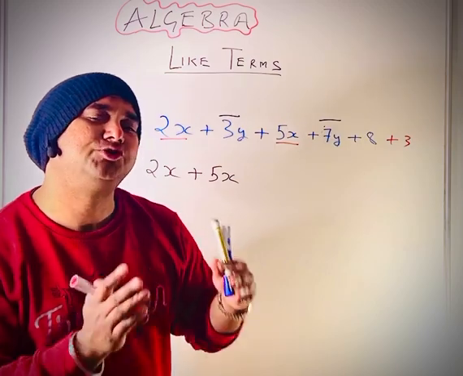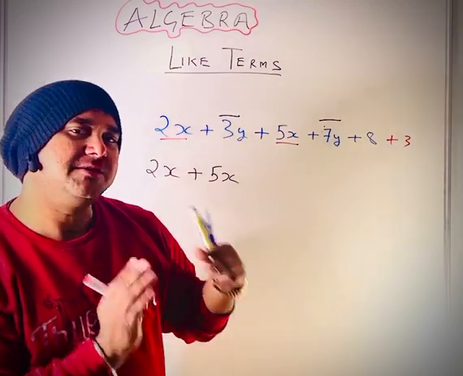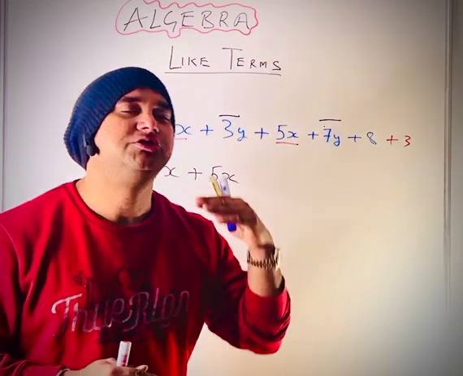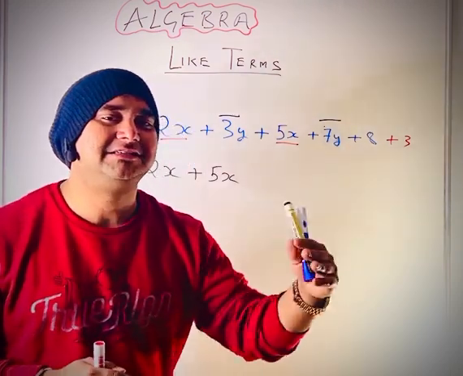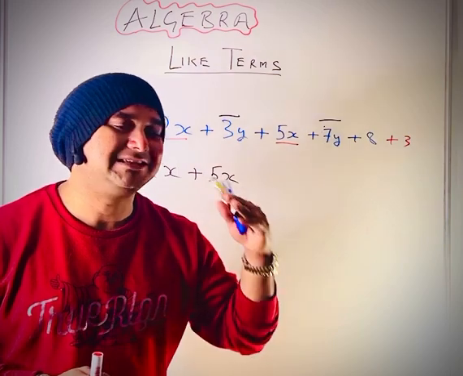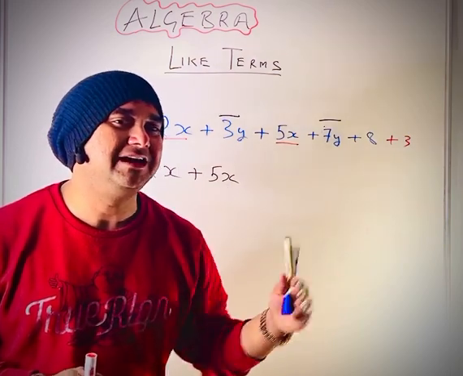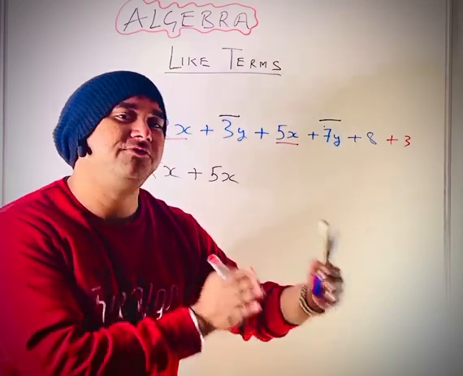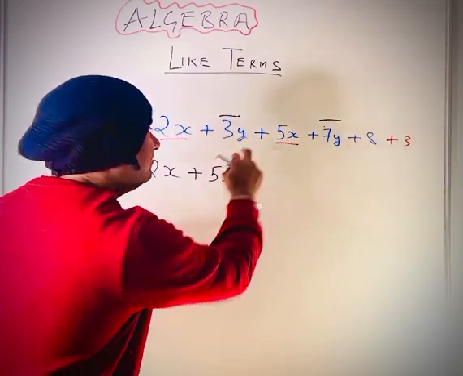The sign has to stay the way it is. Does that make sense? Whatever sign is in front of a term, that sign is going to be there exactly the way it is. Remember, in front of the term, right?